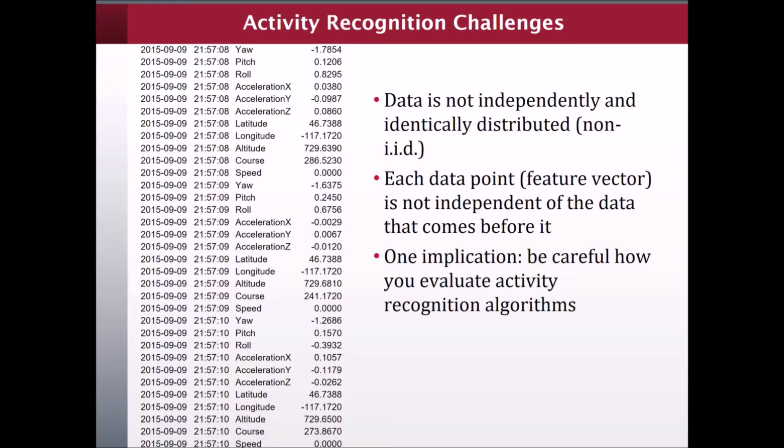That would result in lowering the accuracy of the activity recognition algorithm, while having training and testing data very close together in time may artificially increase the accuracy of the activity recognition algorithm.